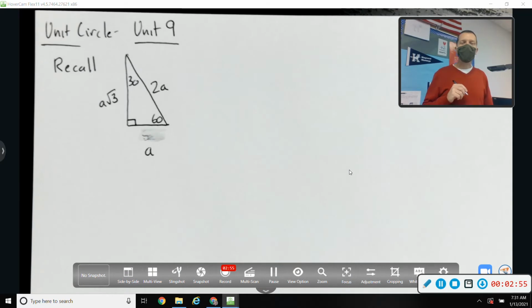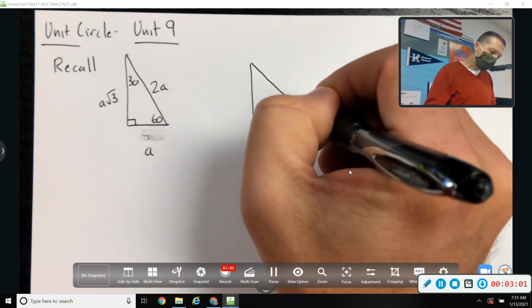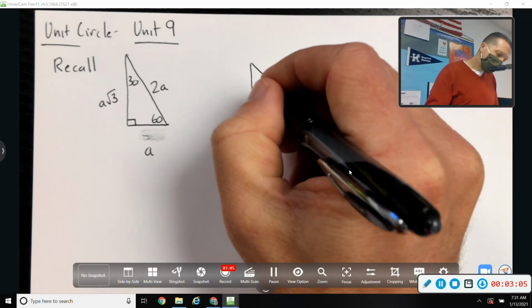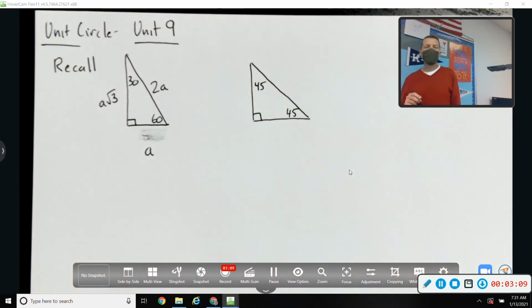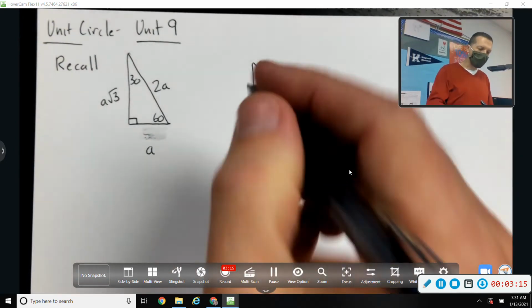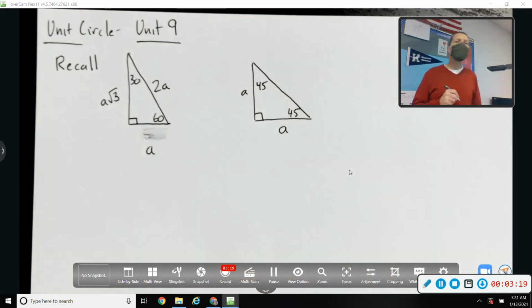What was the other special right triangle? 45, 45, 90. That one's a little easier, I think, because these two sides have to be the same, right? If they're both across from 45, they're equal to each other.